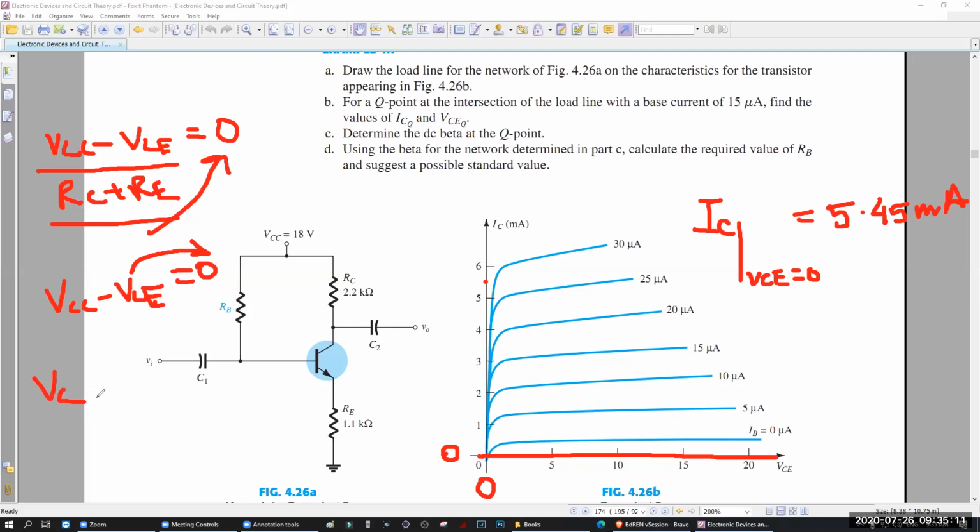So VCC equal to VCE. So we can call VCE equal to what? 18. So when your IC is equal to 0, that time your VCE value is 18. So let's put that value here. Maybe here is 18, right? Yes. So we are going to draw a line.